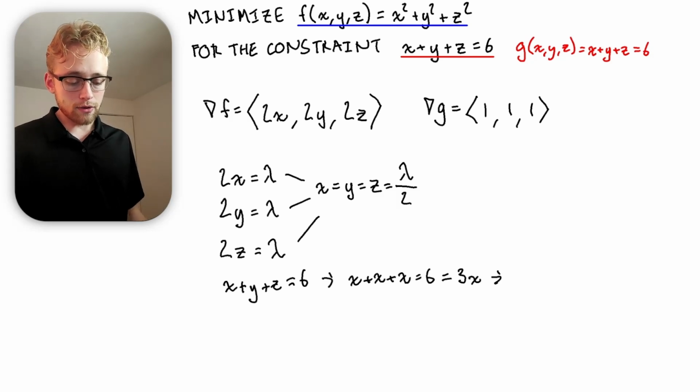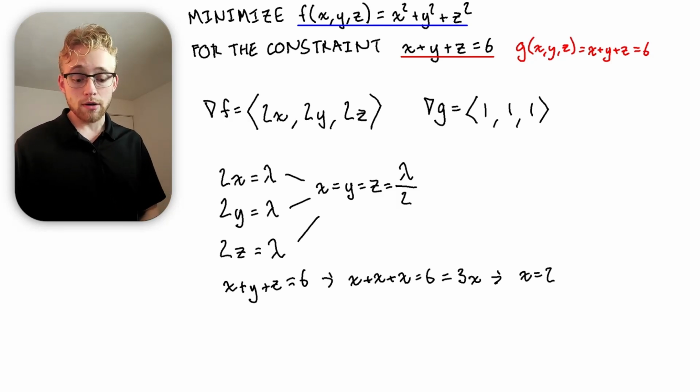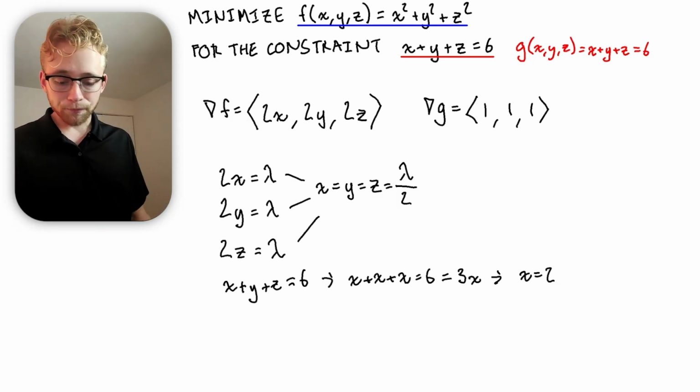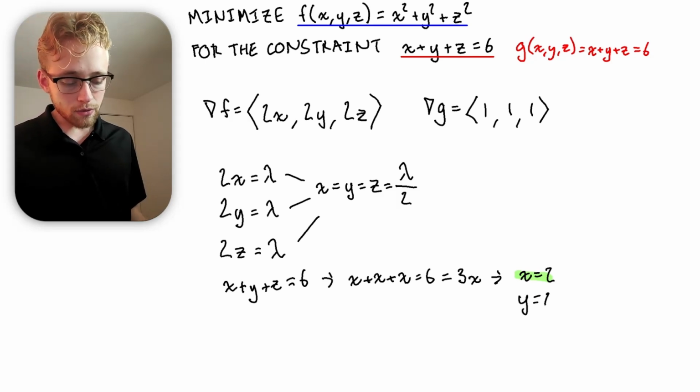And then x equals 2. And if x equals 2, then from the equation up here, y equals 2 and z equals 2. We don't really care what lambda is equal to. Okay. So x equals 2, y equals 2, and z equals 2.